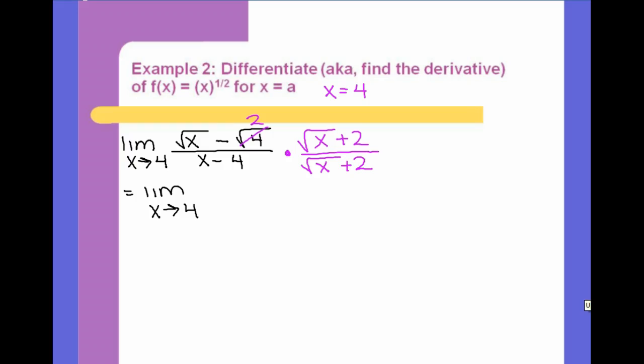So again, anytime you have that square root and you're trying to get rid of it and cancel a denominator, complex conjugate. We know the square root of 4 is 2, so let's make our math a little easier. Square root times square root becomes x. The middles are going to cancel because it's the complex conjugate. A negative times a positive is a negative, and 2 times 2 is 4.